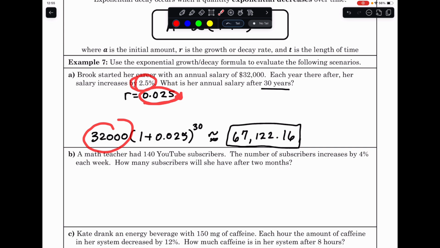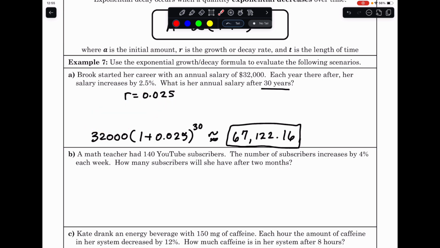So she'll earn the 32,000 plus that additional amount. Then that would be her new salary. And then I would do that again. I would multiply this percentage with that new value, and change the new value right there. And I would do this again a total of 28 more times.